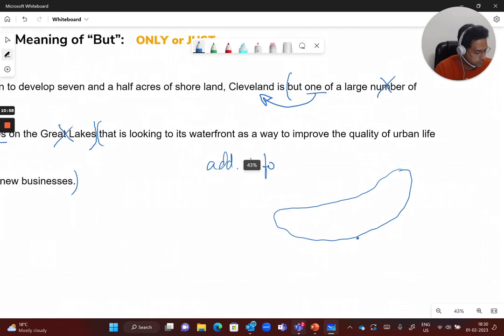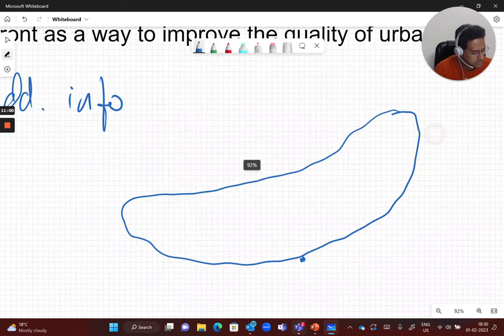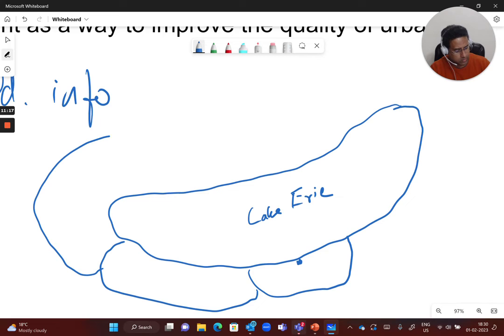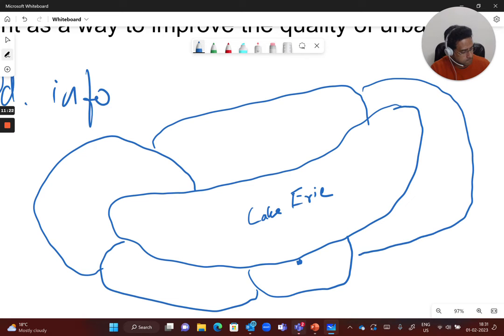Let's zoom in here a bit. So let's say this is Cleveland, right? This is a community which is on the Great Lakes, right? This is Lake Erie. And here we have Cleveland, and let's say there are a few more communities that lie on the Great Lakes that have a waterfront on the Great Lakes.